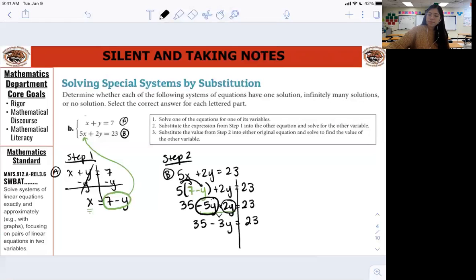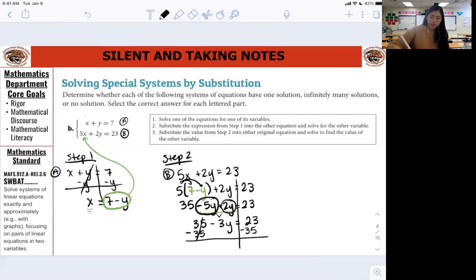We moved the 35, so we subtract 35. And here's where, again, we have to make sure we're understanding the negatives. It's 23 minus 35. So is that going to end up being positive or negative? Think about that first. Negative.